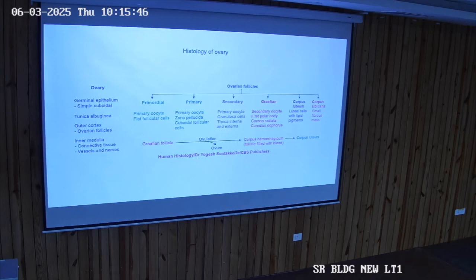Secondary follicle: the antrum is present. Majorly it differentiates and multiplies the follicular cells. It starts from the primary, but it is well differentiated in the secondary. Then the secondary contains the primary oocyte with granulosa cells.